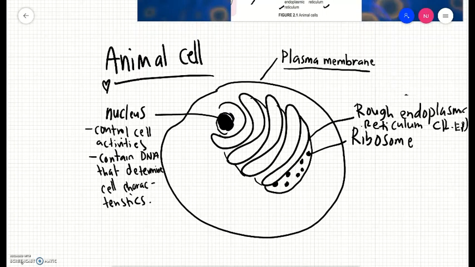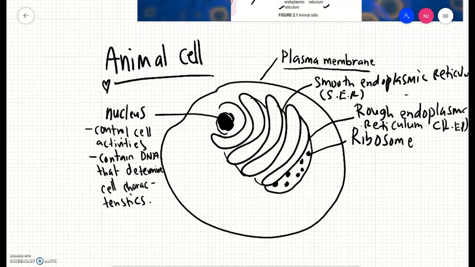Okay, so there are rough and smooth endoplasmic reticulum, SER. So you already covered the nucleus, plasma membrane, smooth endoplasmic reticulum, rough endoplasmic reticulum and ribosome.